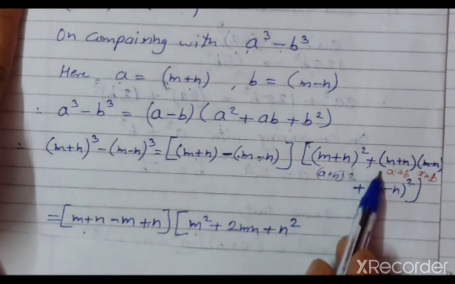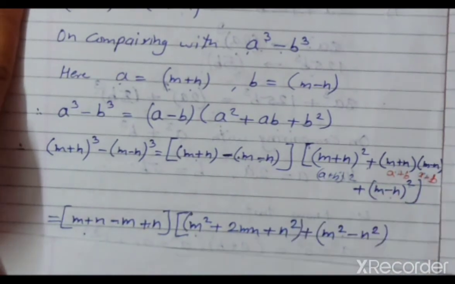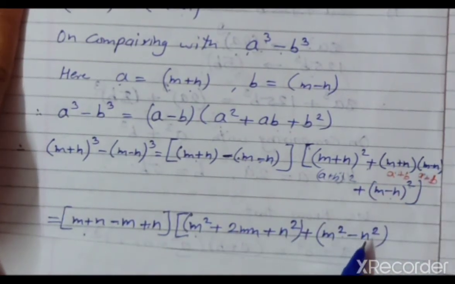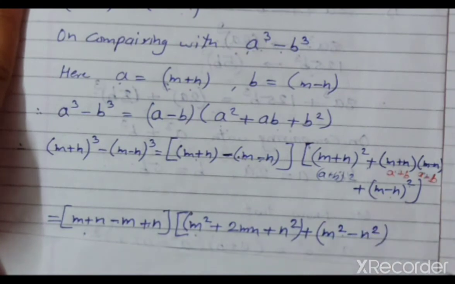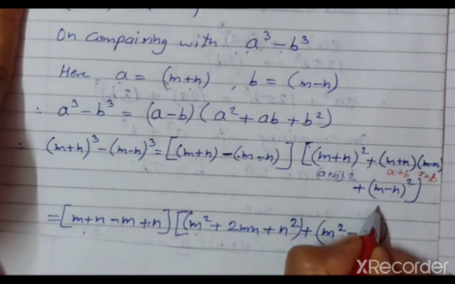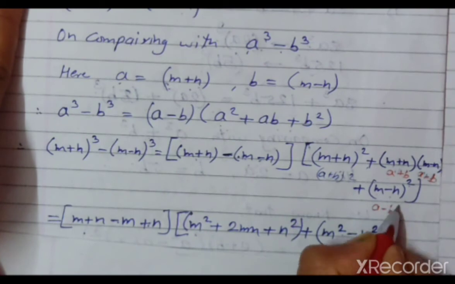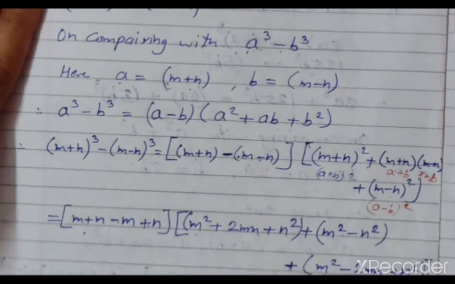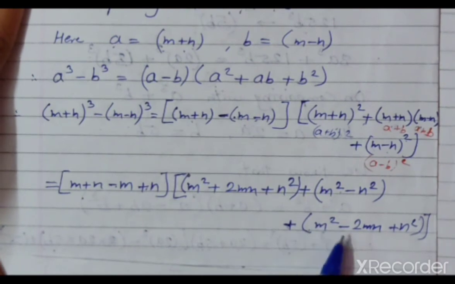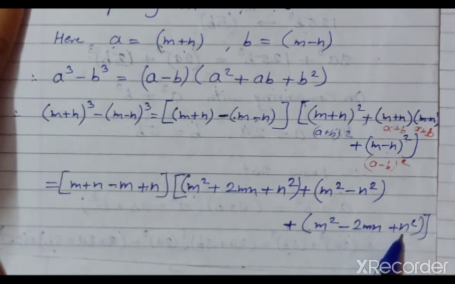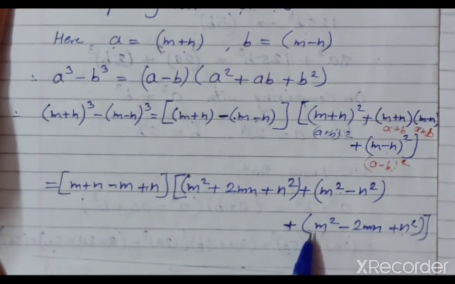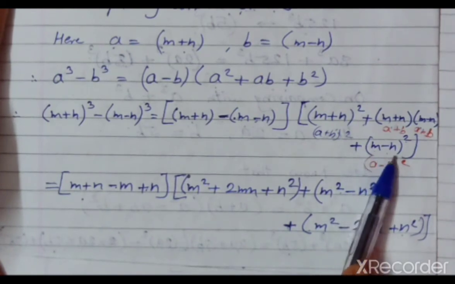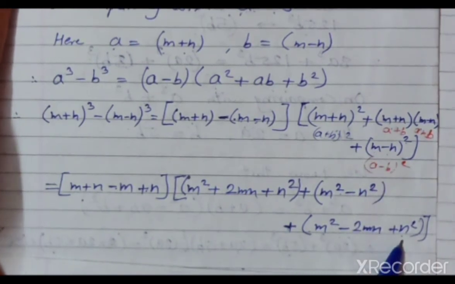Therefore its multiplication becomes m square minus n square. Now again here we can use the expansion of (a minus b) bracket square is equal to a square minus 2ab plus b square. So this is the conversion of this (m minus n) bracket square.